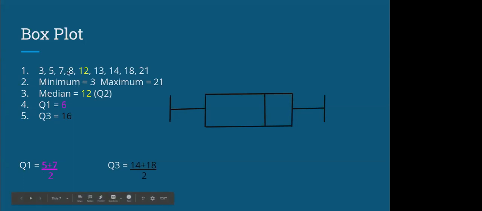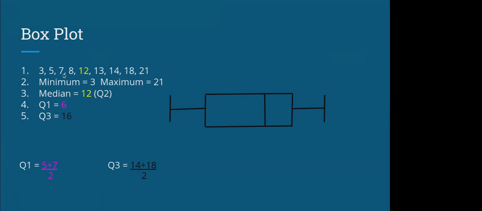When you have an even number of terms, there is no physical middle. So you take the middle 2, add them together, and divide by 2. So you find the average of the middle 2. For Q1, 5 plus 7 gave 12, and 12 divided by 2 gave 6.